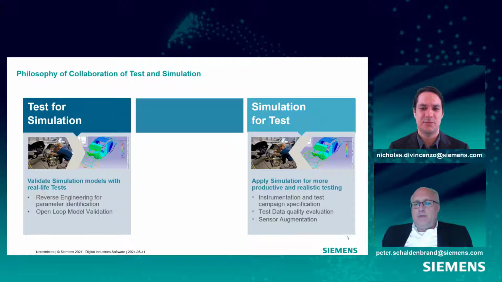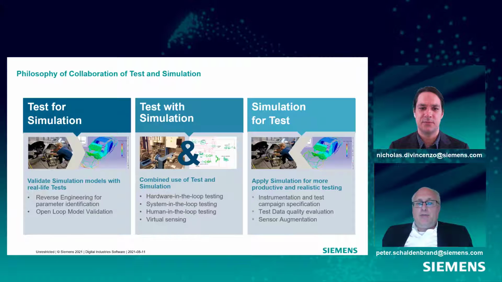And that's something I think we'll also be showing. Before we do our test, we could go out and do some virtual instrumentation so that we can get some guidance on where we would like to measure during the test. And then we can sometimes even use test and simulation at the same time.